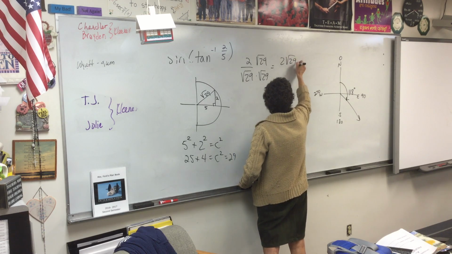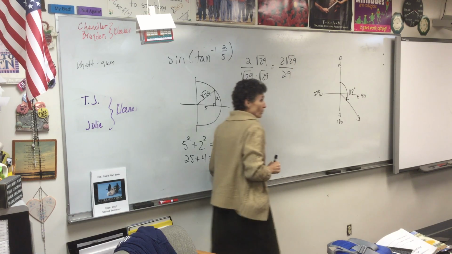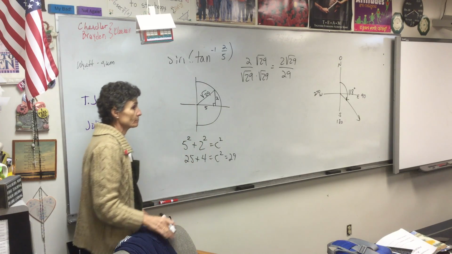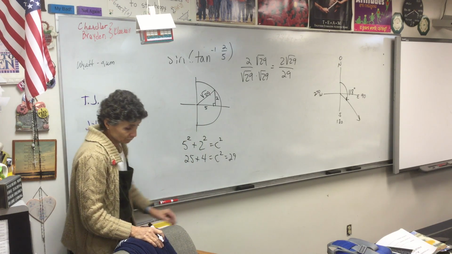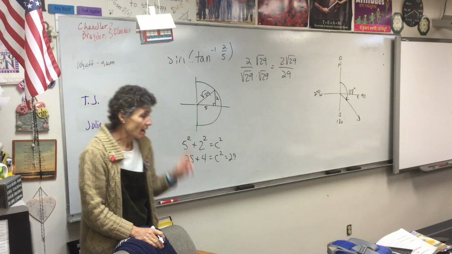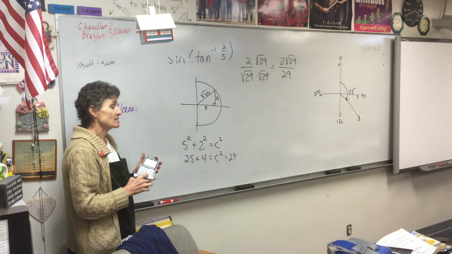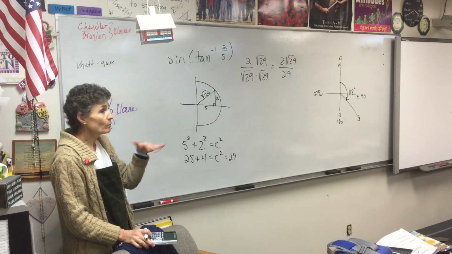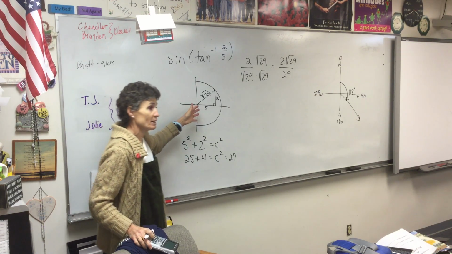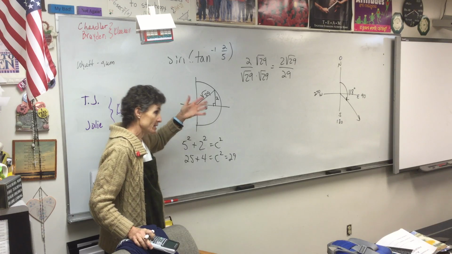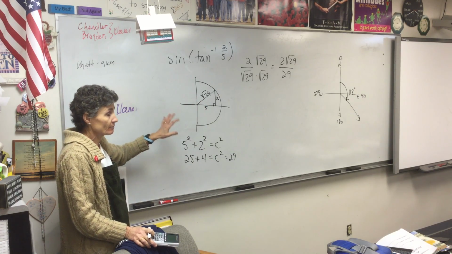So we get 2 root 29 over 29. Now, that is exact. That's by hand. Whenever we do anything by hand, we draw a picture, make triangles, all that stuff.